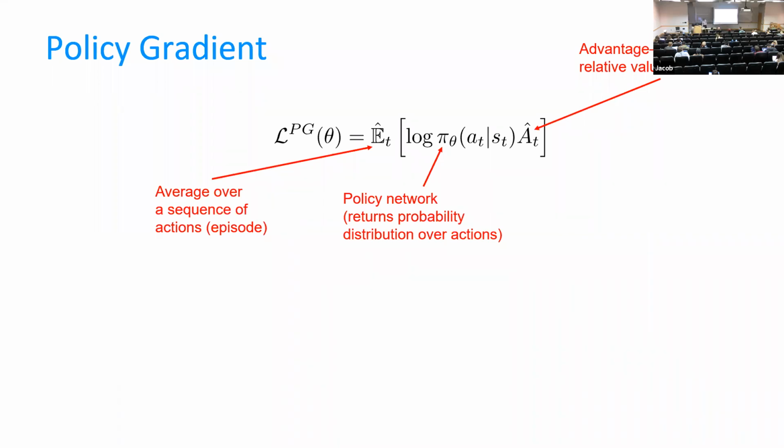That advantage vector is an estimate of the relative value of an action relative to other actions. That predicted advantage will be provided by our value network. And the advantage function will be given by the experienced reward minus the predicted value of your given state.